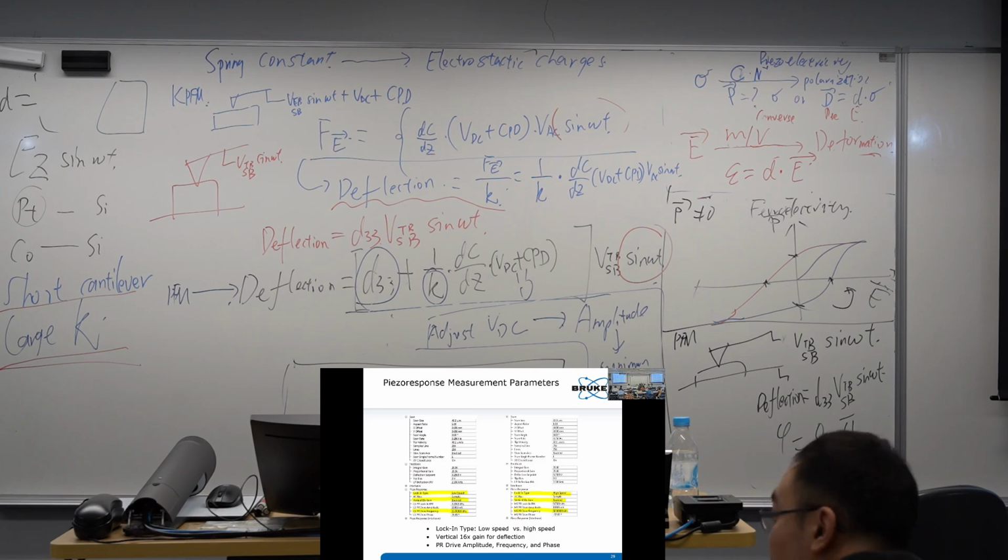And in this setup, we will have a function to amplify the vertical signals. Inside this workspace, we can amplify the vertical signals by 16 times. That's the 16 times gain. By default, it is enabled.